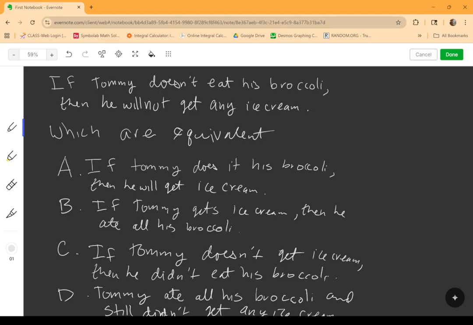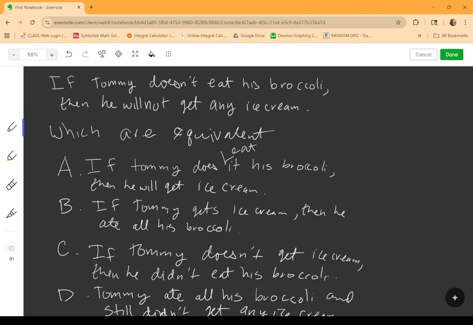Again, this promise here: if he doesn't eat his broccoli, then he will not get any ice cream. So, if Tommy does eat his broccoli, then he will get ice cream.